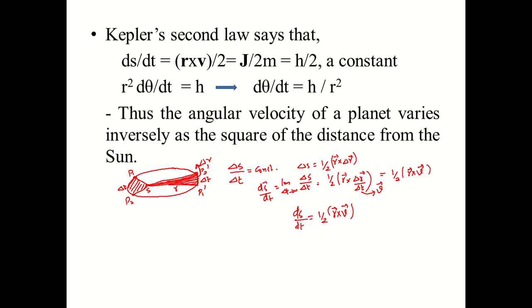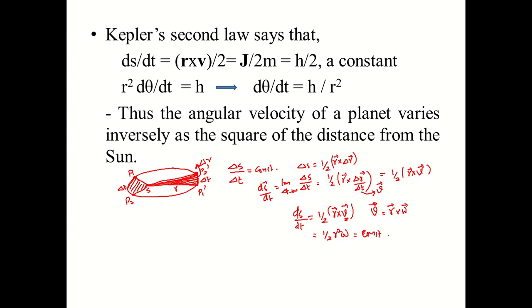1 by 2 into r cross v, which is equal to, when we consider the velocity in terms of the angular velocity, v can be written as omega cross r or r cross omega, depending on the direction. Then if you substitute it here and do the vector triple product, you will get half r square omega. So half r square omega is a constant according to Kepler's laws of planetary motion, or specifically according to the second law.